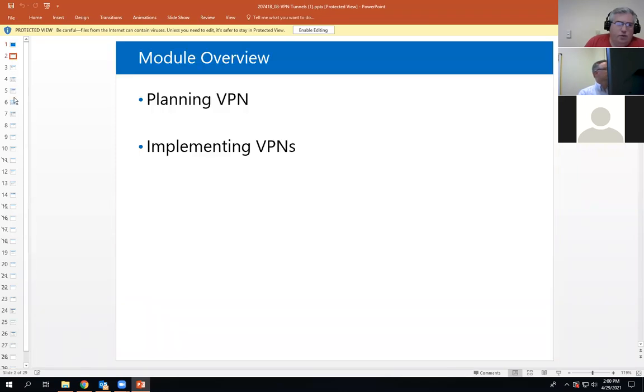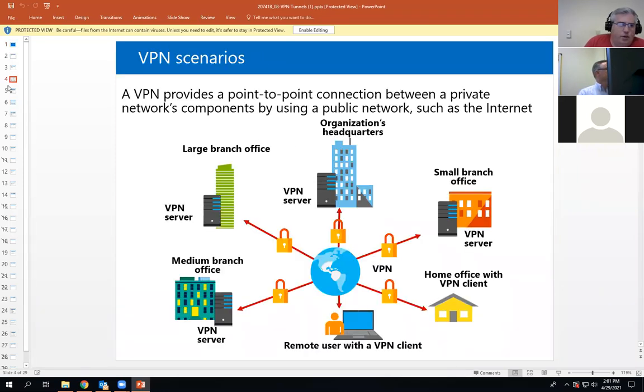Okay, VPNs. VPNs are a secure way of sending data over an insecure network, such as the internet.